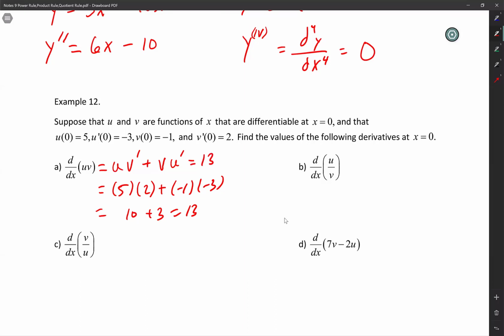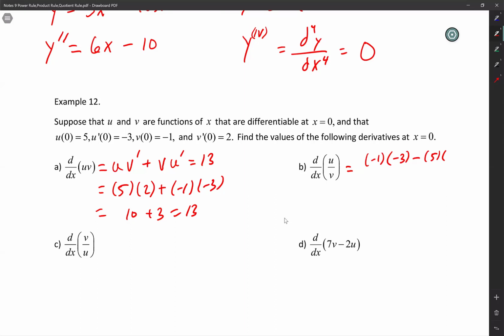Letter B, what rule do I use? Quotient. Low d high, so v, let's see, where are you, v? -1. Low d high, derivative of the top, so u prime, -3, minus high d low. So the top is u, so I'm going to put -5. Low d high minus high d low. So now I'm looking for the derivative of the bottom. Did I mess up?